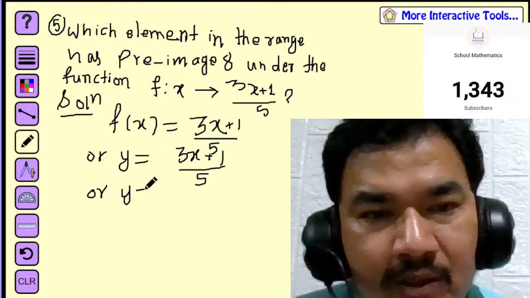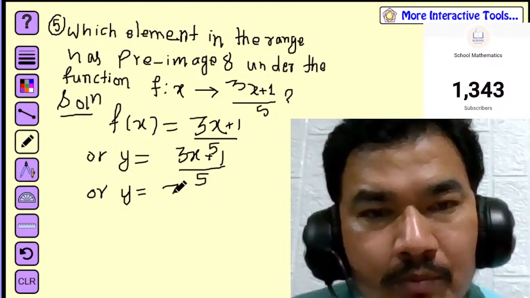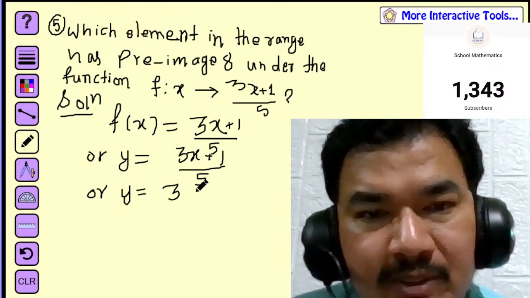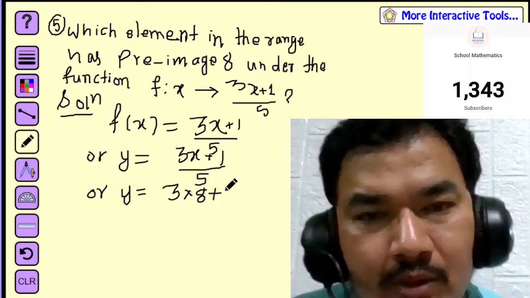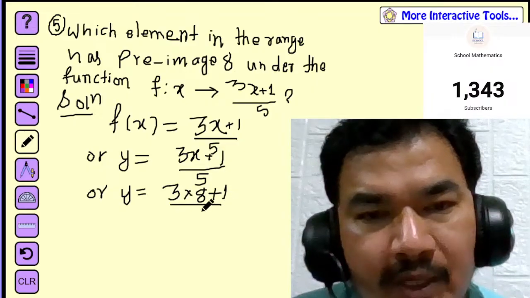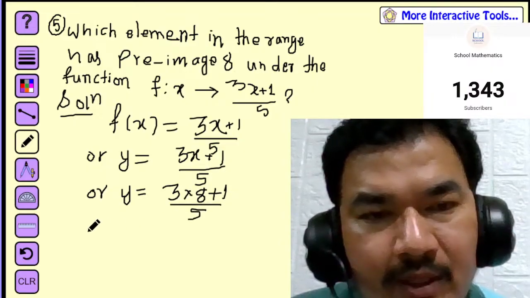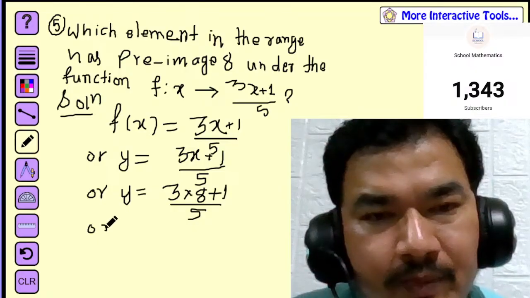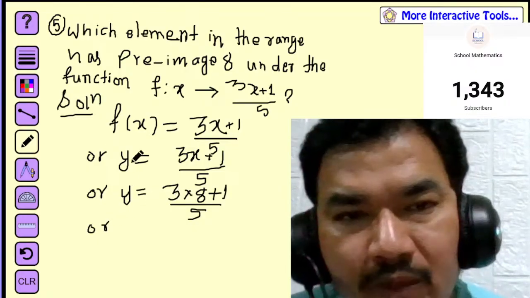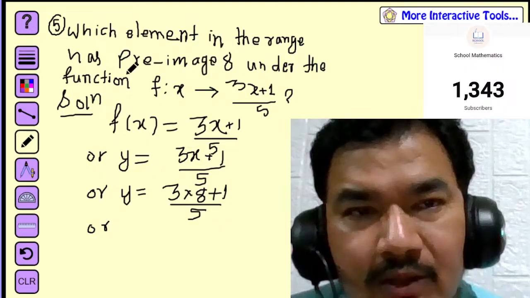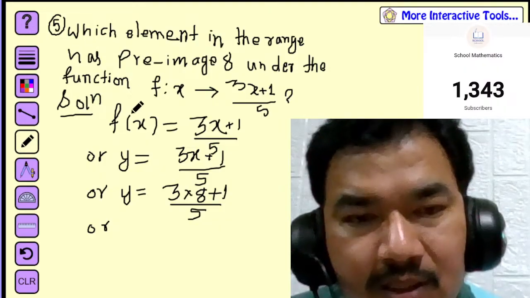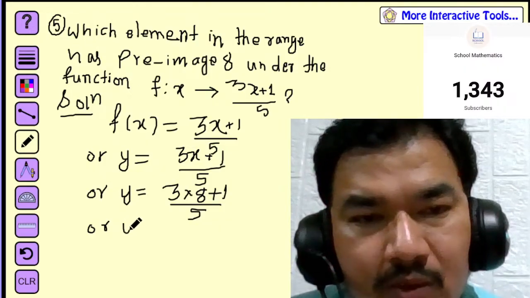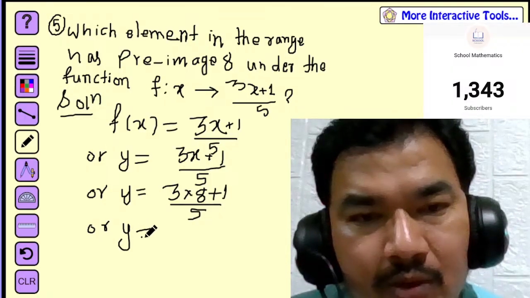Then write y equals, putting the x value 8 here, (3 times 8 plus 1) by 5. We are finding the range, and range means y.